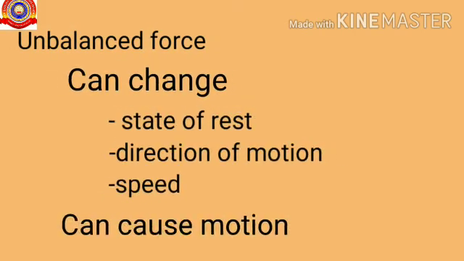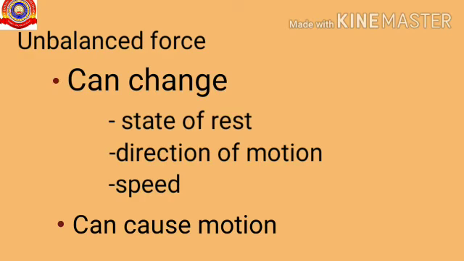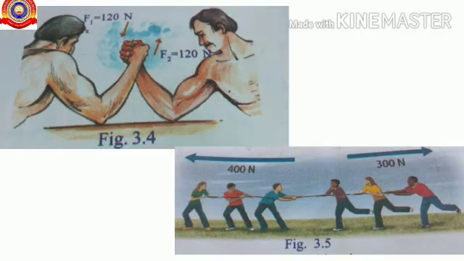Unbalanced force can change the state of rest, the direction of motion and the speed, and it can cause motion. It can cause a stationary object to move and a moving object to rest. So that's about balanced and unbalanced force.